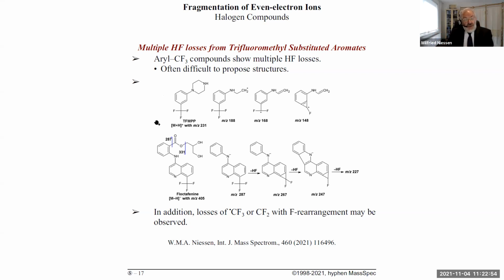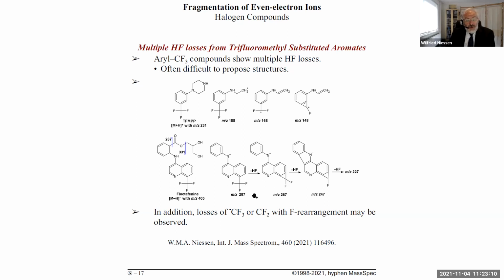So for the negative ion mode, we basically have the same situation, where we have side chain losses, and then at a certain stage we see this series of HF losses.